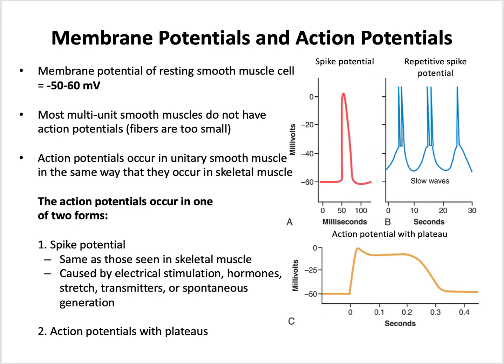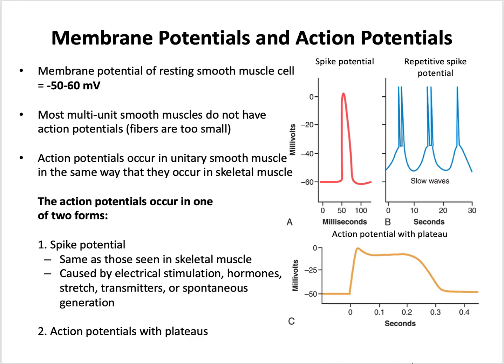All right, so with this slide, the main thing that I want to point out here is that in the skeletal muscle contraction, remember the plasma membrane of skeletal muscle cells are capable of conducting action potentials, just like the axons of neurons are capable of conducting action potentials.